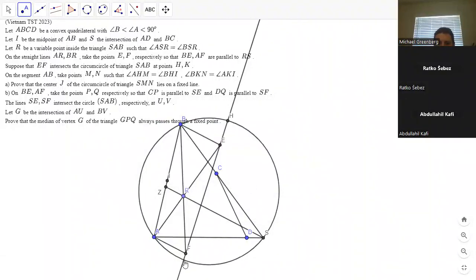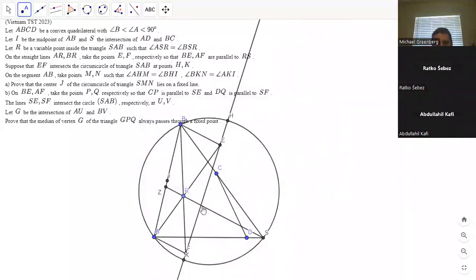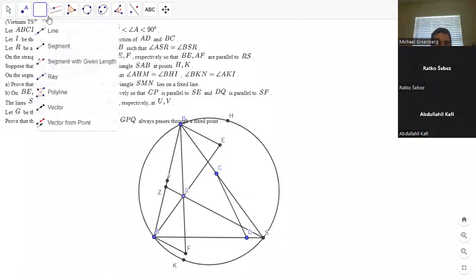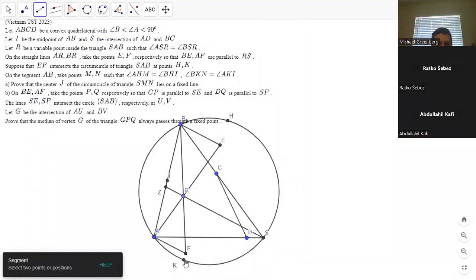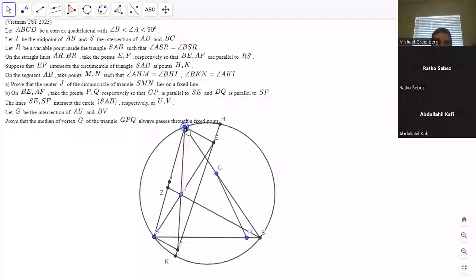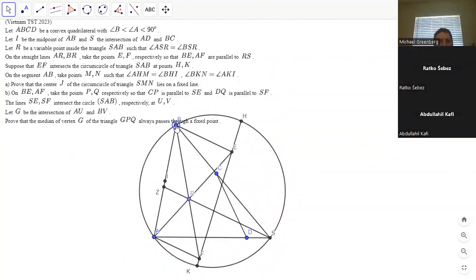H and K. This is K. On segment AB, let M and N be such that AHM equals BHI.